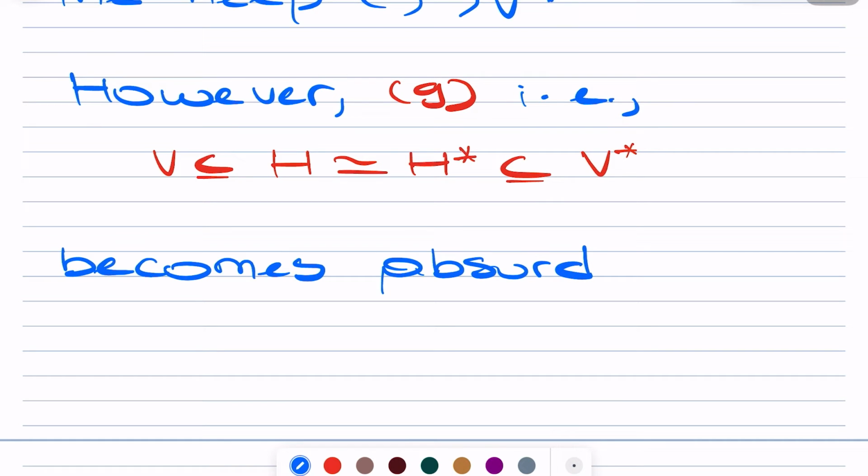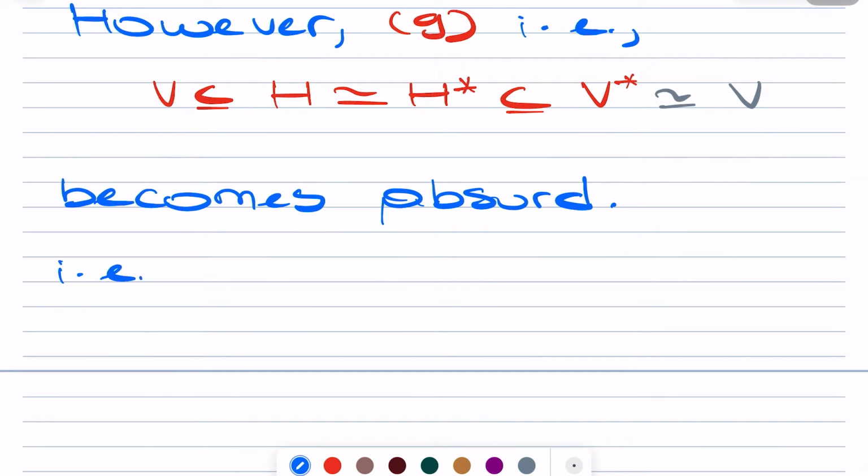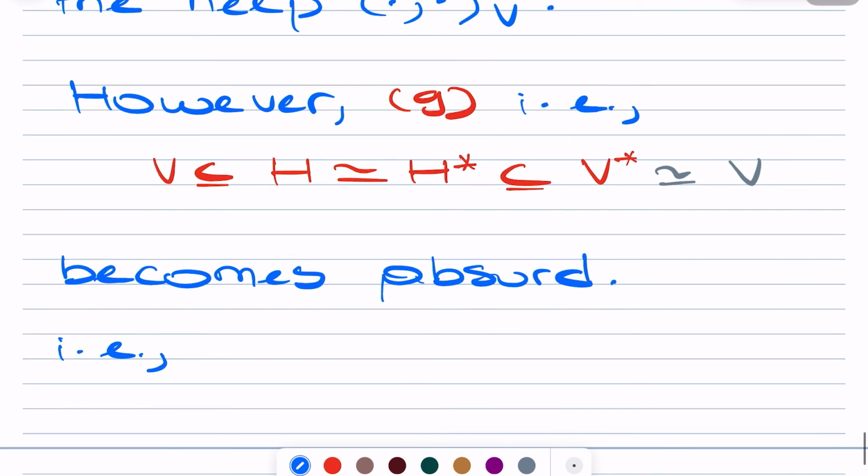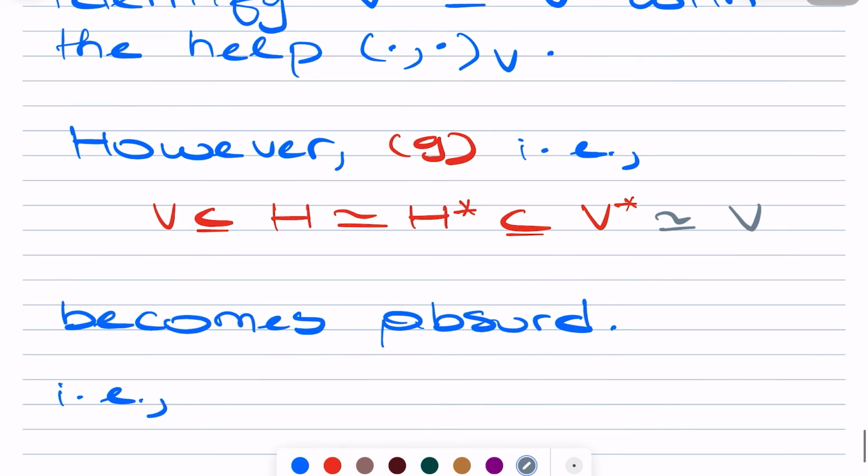So this relation becomes absurd, for the simple reason that if you identify V star with V, then you will have that V equals H somehow, because V is included in H, which is also included in V, and this will not make sense anymore.